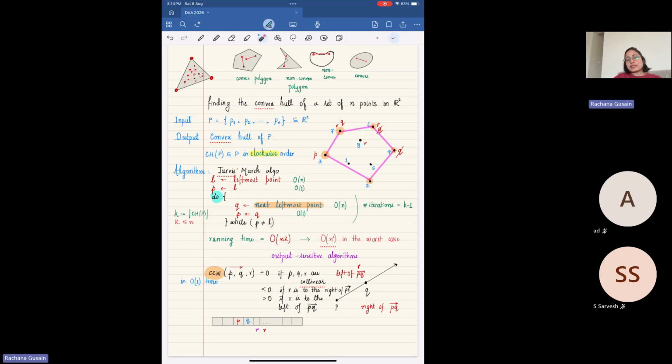Yeah, please go ahead. This problem is clear to me. Sorry? No, I said this problem is clear to me. Your explanation. Clear, okay. And also the definition of convex polygon is clear.